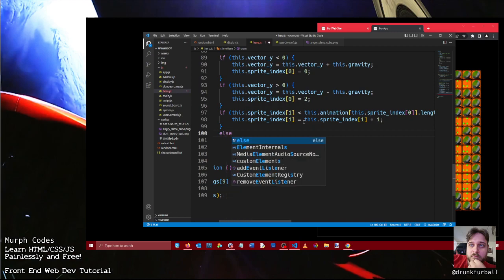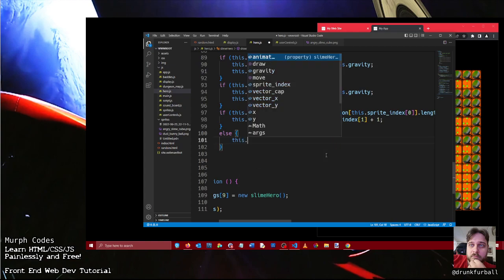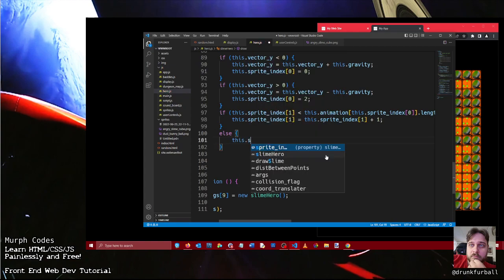Else, which will trigger any time this hits that length, what we're going to do, we're going to reset this back to 0.